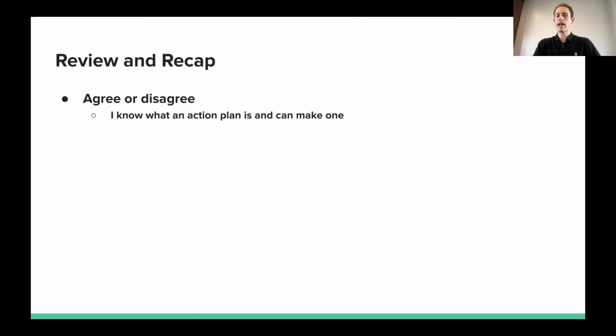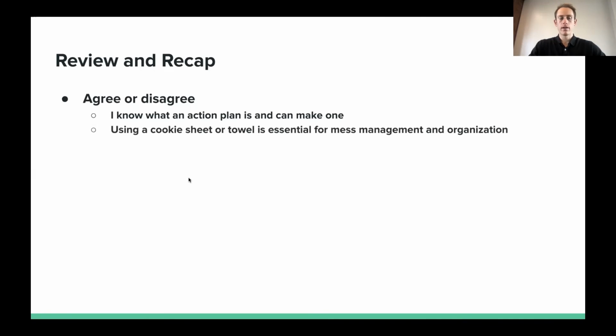So I know what an action plan is and I can make one. Do you agree or disagree? Good. Now, do you agree or disagree? Using a cookie sheet or a towel is essential for mess management and organization.